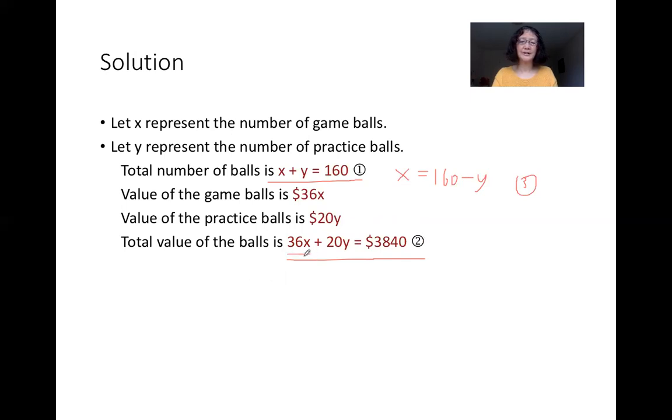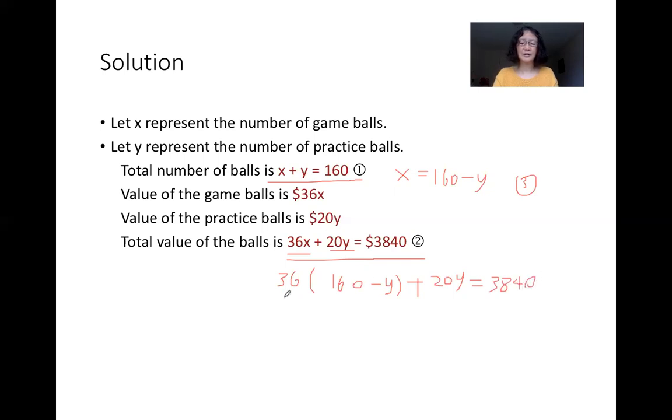So this is 36X. When you see X, you use equation 3, 160 minus Y, and plus copy down this 20Y equal to 3,840.